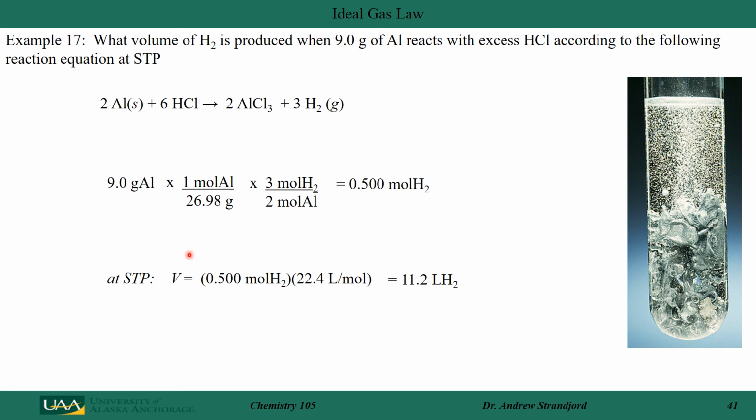I know at standard temperature and pressure, every mole of gas actually has a volume of 22.4 liters per mole. So I can just multiply those two values together. 0.500 moles times 22.4 liters per mole. I get 11.2 liters of hydrogen.